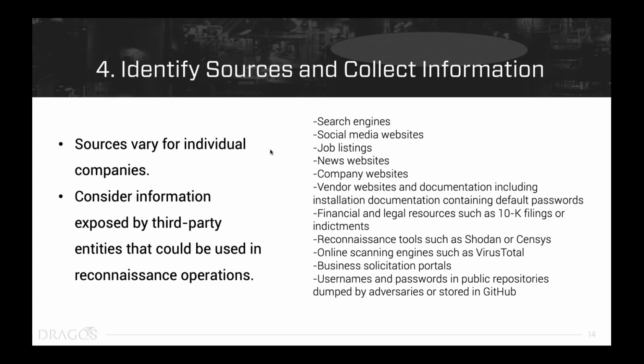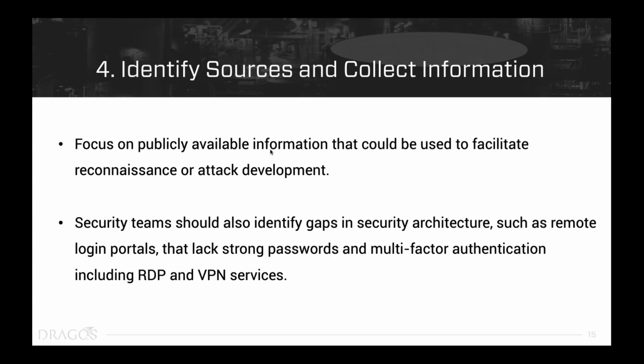There will be PII data of employees, but there's also sometimes information about a company's processes, services, vendors, things like that, that the ransomware adversary might not necessarily identify as super valuable or able to operationalize, but an adversary that is interested in infiltrating or conducting an activity that's not exclusive to ransomware would find it interesting and valuable. So you want to focus on this publicly available information that could be used to facilitate reconnaissance or attack development.